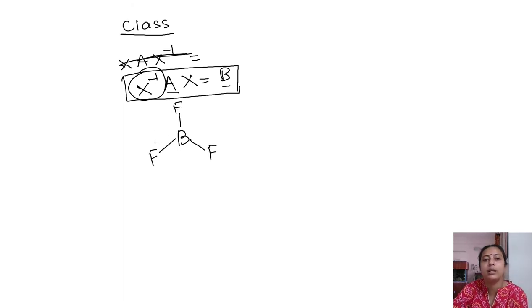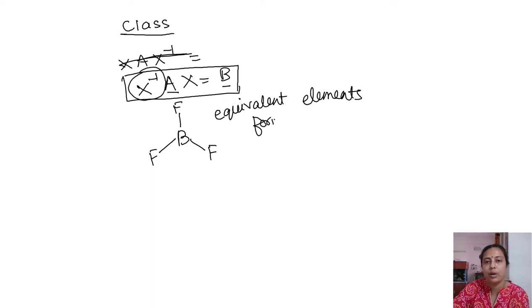All the equivalent elements would form a class. So equivalent elements form a class. It means all the equivalent elements are going to follow this similarity transformation.